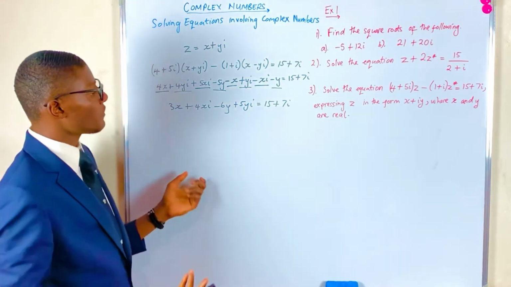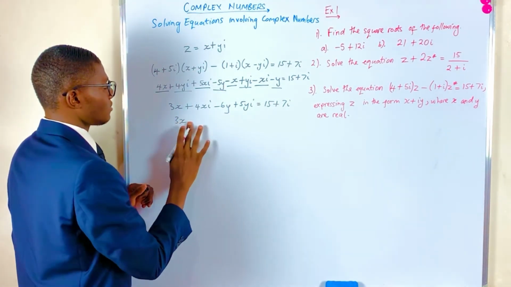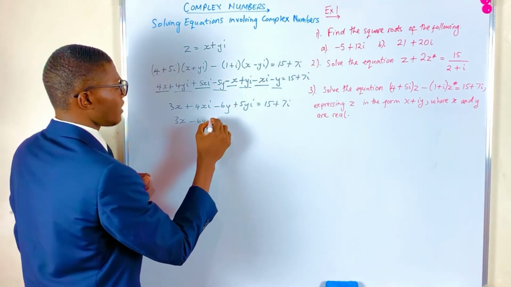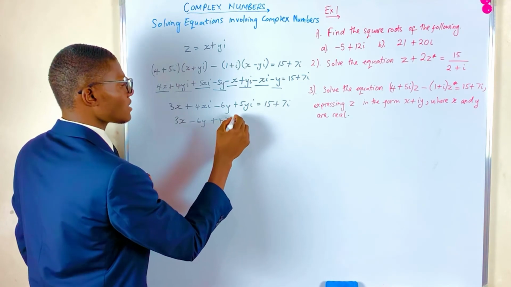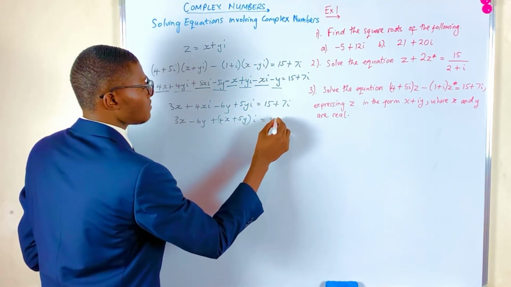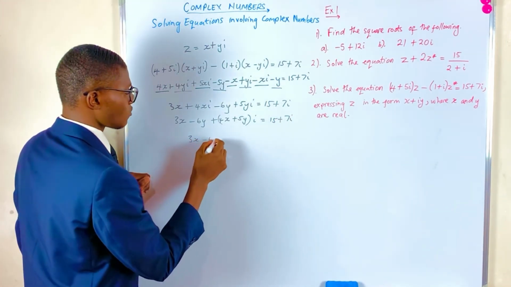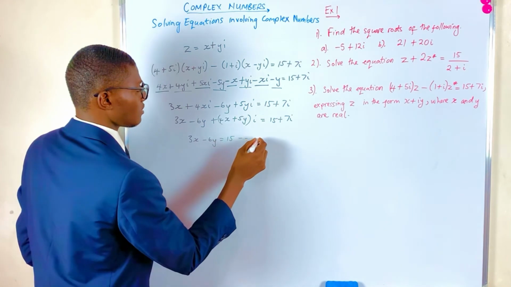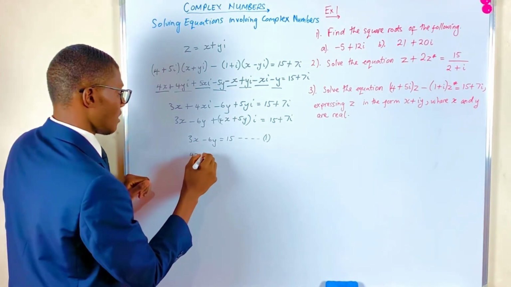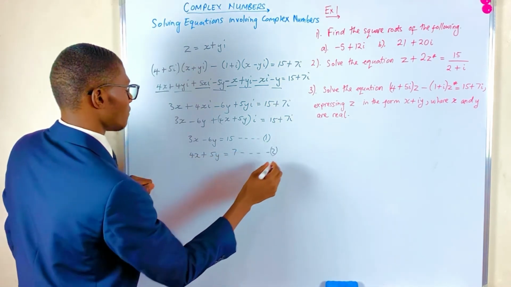Now if we equate the real parts, grouping them first, 3x minus 6y plus i times (4x plus 5y) equals 15 plus 7i. So 3x minus 6y is equal to 15. This is equation 1, and 4x plus 5y is equal to 7. This is equation 2.